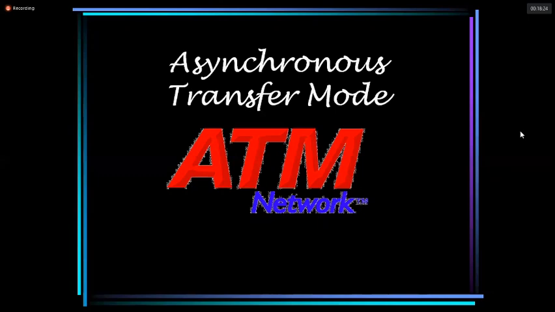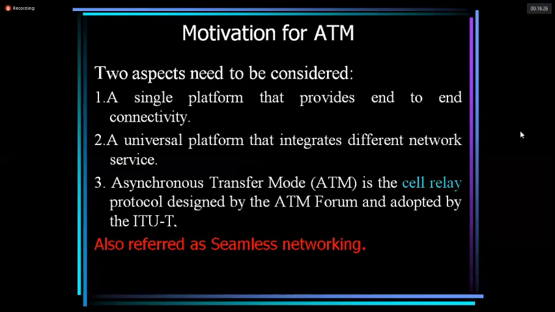So let me enter into the concept of why we need this particular ATM network. Just now I gave you an introduction, and this was the motivation for the ATM network. That is, bringing everything into a single platform was the idea. A single platform that provides end-to-end connectivity was the first motivation for an ATM network, and a universal platform that integrates different network services was also one of the ideas.